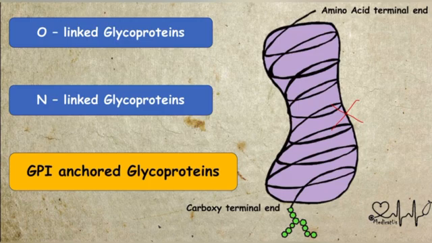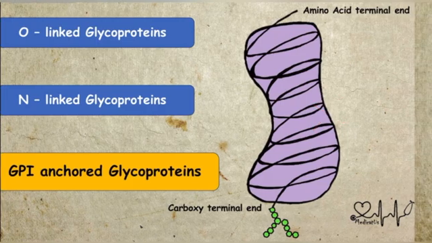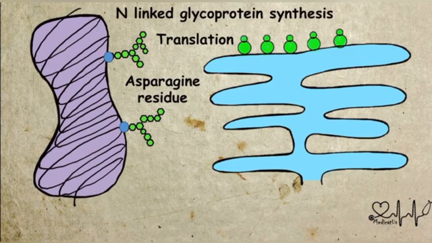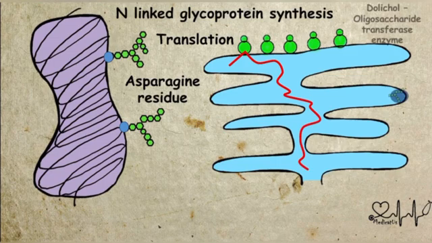GPI anchored glycoprotein. So we know that protein synthesis, that is translation, occurs in the rough endoplasmic reticulum. And this rough endoplasmic reticulum contains the dolichol enzyme, which is necessary for the transport of the oligosaccharide side chain to the core protein in case of N-linked glycoproteins.